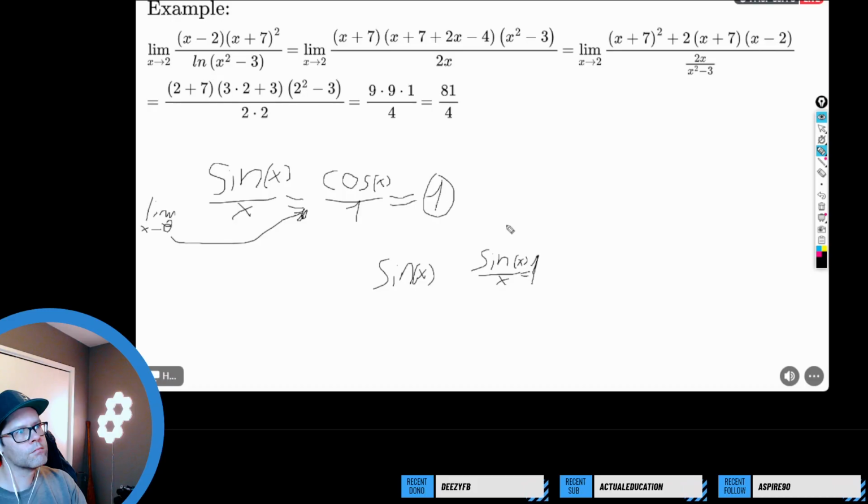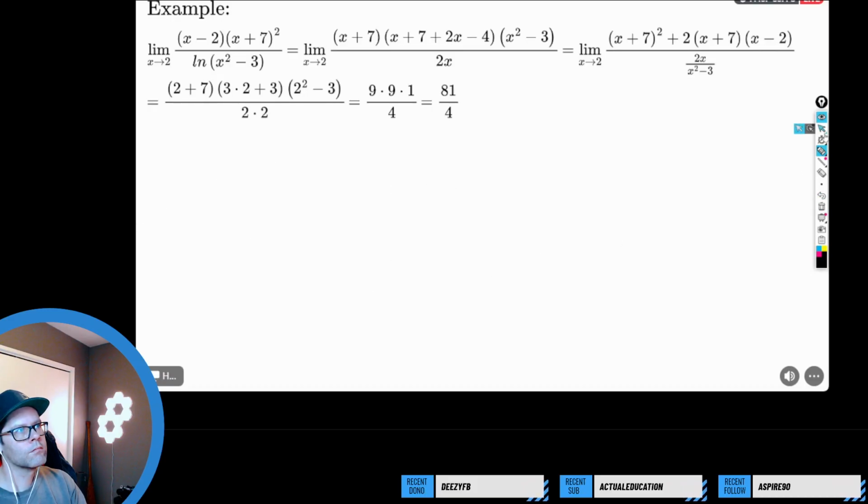Now, with L'Hopital's rule, we can actually jump through a lot of stuff and not use epsilon and gamma. I think this is how you write gamma. To find limits, we can use L'Hopital's rule.